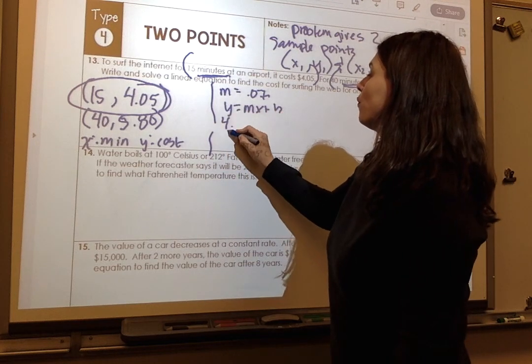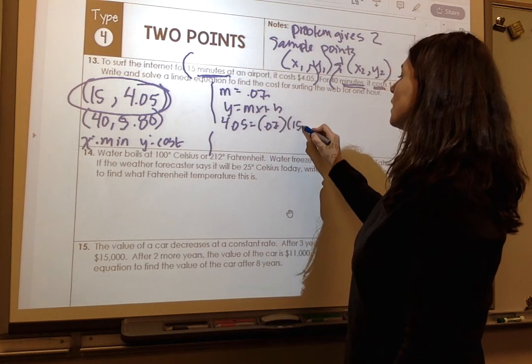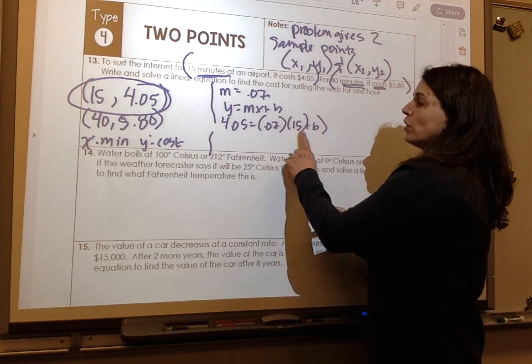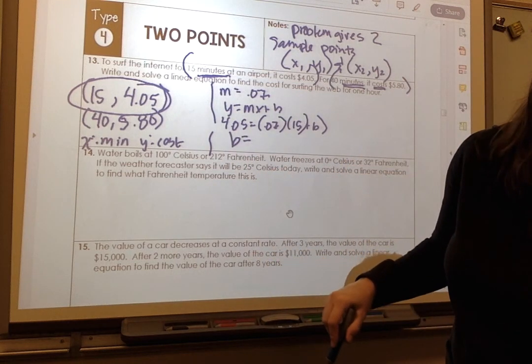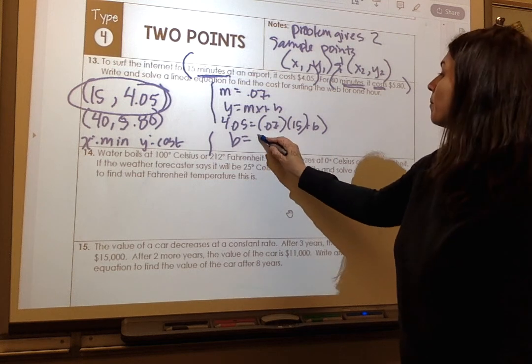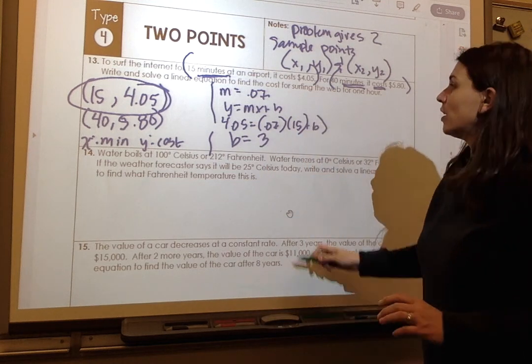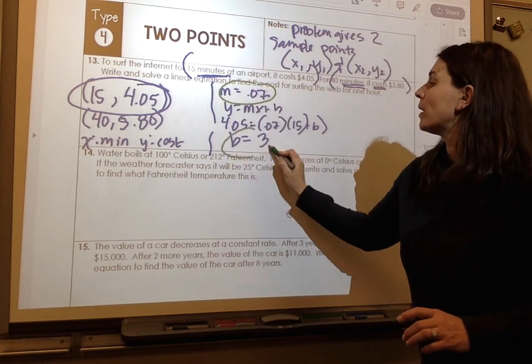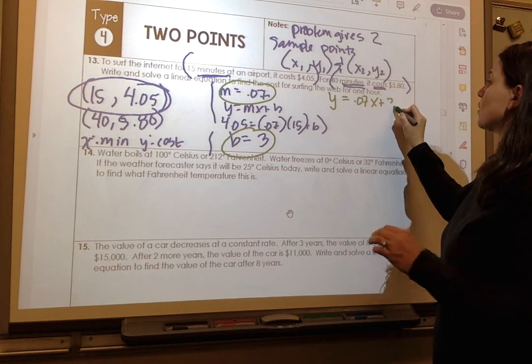So you can do 0.405 equals 0.07 times 15 plus b. And when you solve for b, your beginning point you are going to get is 3. So now you have your slope, you have your beginning point, so y equals 0.07x plus 3.